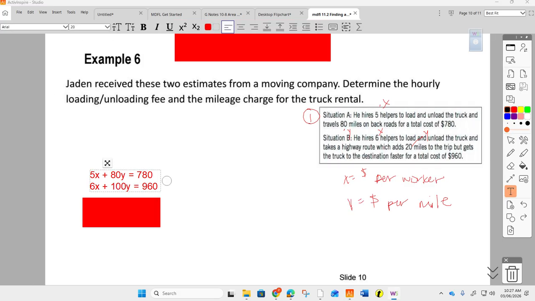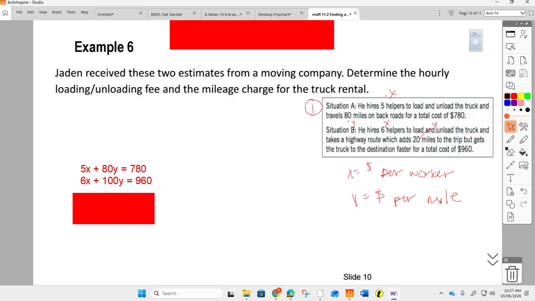So the equations are as follows. I'm going to use a common product of 30x and negative 30x.